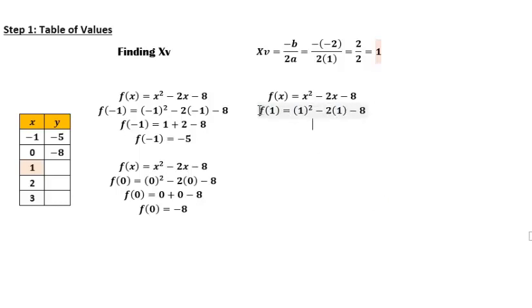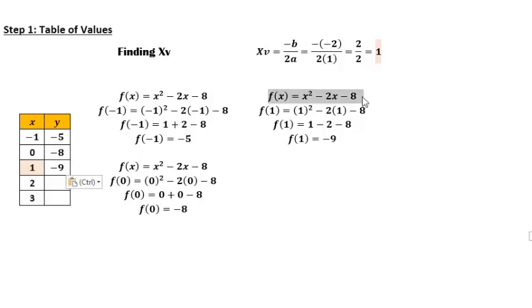So f of 1 will be 1 times 1, 1. Minus 2 times 1, minus 2. Minus 8. Okay, 1 minus 2 is negative 1. Okay, negative 1 minus 8 will be negative 9. So that will be the answer for the next number.